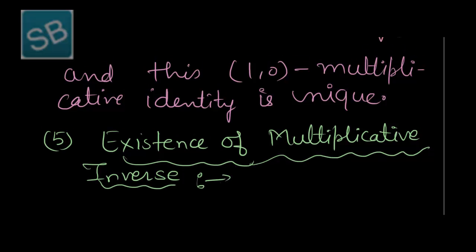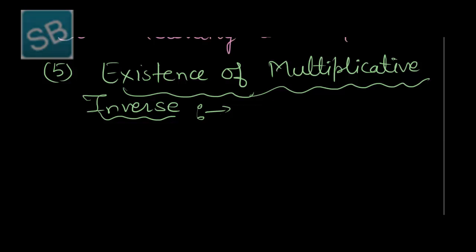To each non-zero complex number. If a complex number is 0, then its multiplicative inverse does not exist.